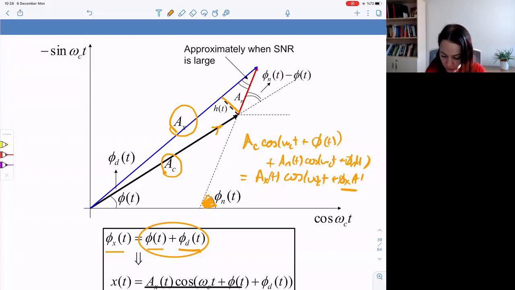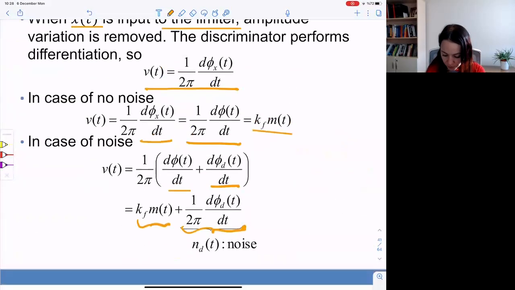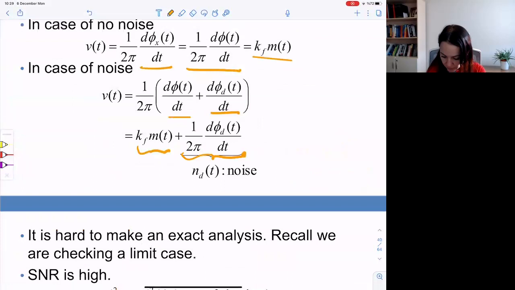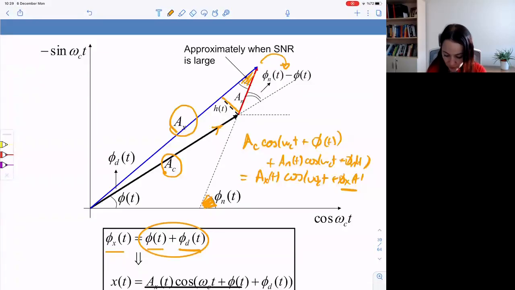And we made the approximation that this angle is equal to phi n minus phi. So then h over AC is equal to sine phi d, well, approximately.